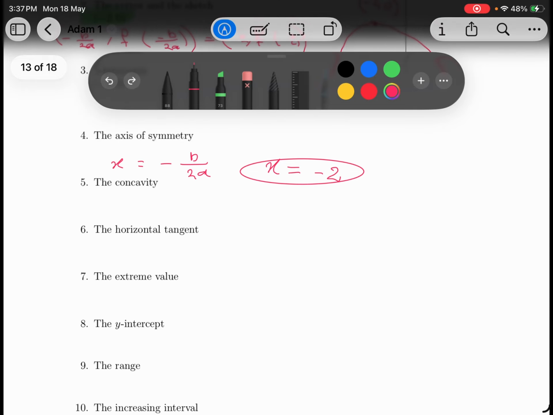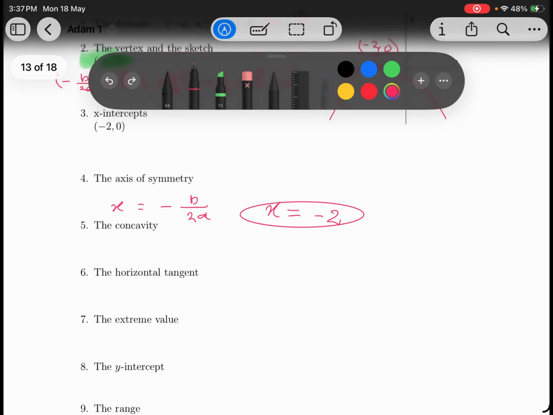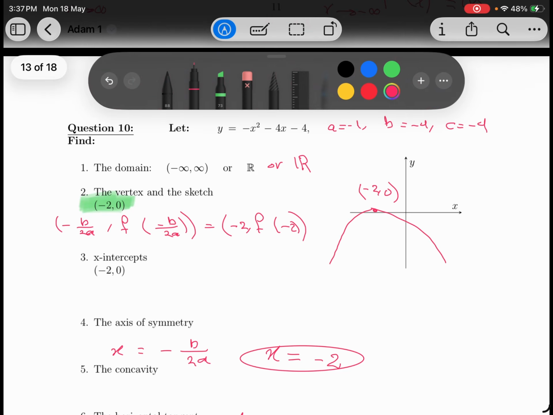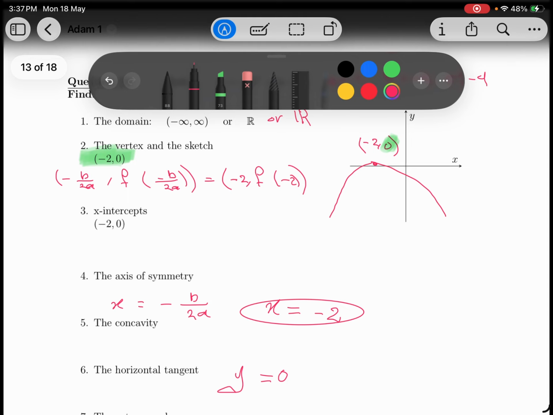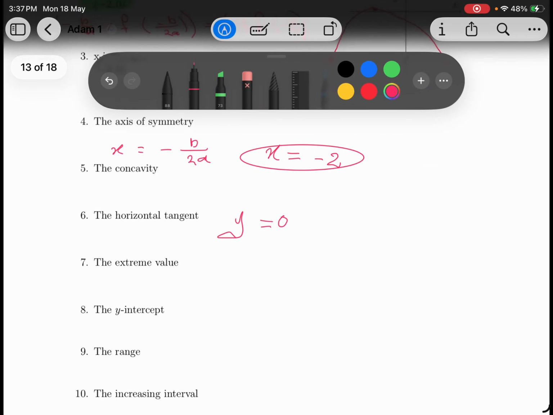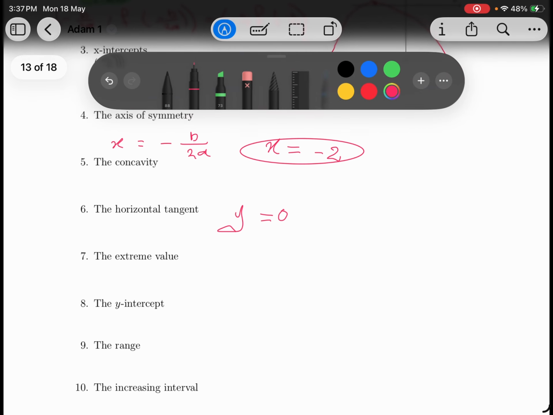The horizontal tangent, and the only horizontal tangent here, equals the y coordinate of this vertex. And look at this vertex, the y coordinate is 0. So it will be y equals 0, the only horizontal tangent for this parabola.